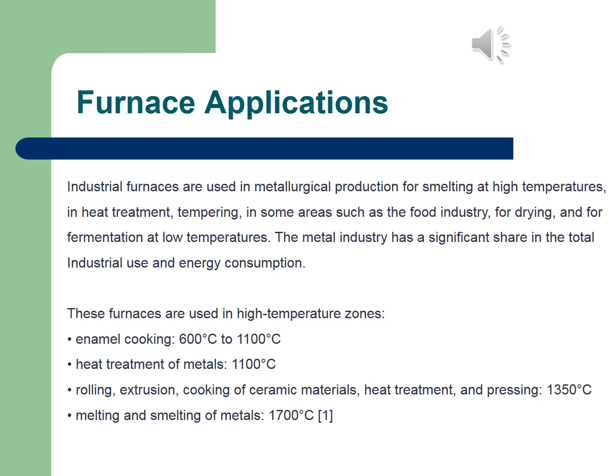If we look at the temperature zones these furnaces are used in: for enamel cooking, 600 degrees Celsius to 1100 degrees Celsius; heat treatment of metals, 1100 degrees Celsius; the rolling, extrusion, cooking of ceramic materials, heat treatment and pressing, usually in the order of 1350 degrees Celsius; and the melting and smelting of metals is then in the region of 1700 degrees Celsius.